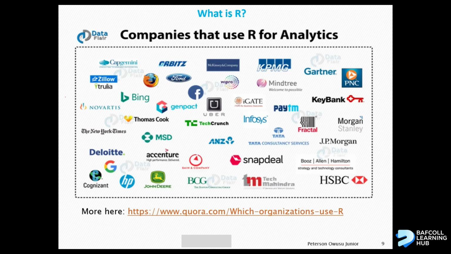There are a lot more, and you can see that they are from different areas. You have automotive, pharmaceutical, travel, news agencies, accounting, finance, banking. So you see that so many uses of R can be made depending on what the specific need is.